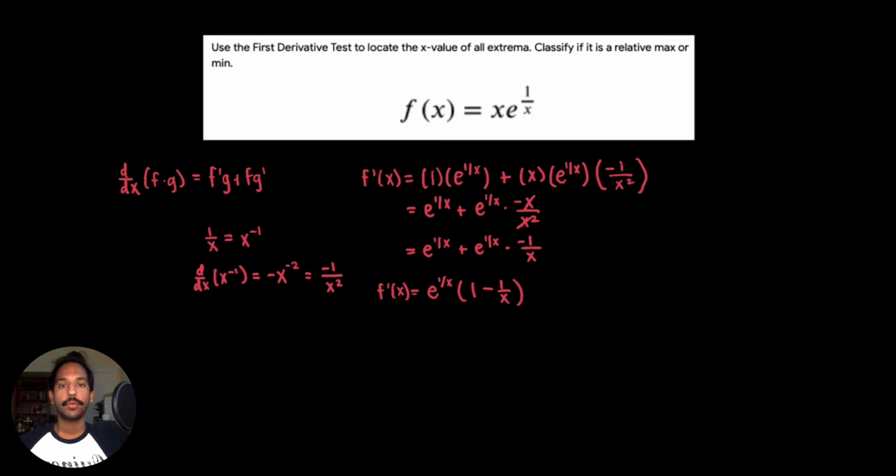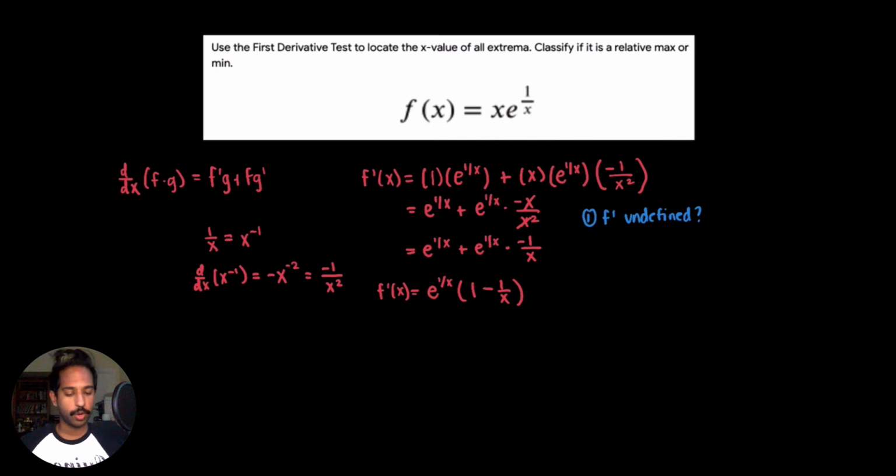Alright, so we have our derivative, and now what we need to do is find where the critical points are. As a reminder, the critical points happen in two locations. The first way, I'll write this over here, is when is f prime undefined? Well, remember, things are undefined when we get a denominator of 0, when we get logs of 0 or negative numbers, or when we try to do the square root of negative numbers.